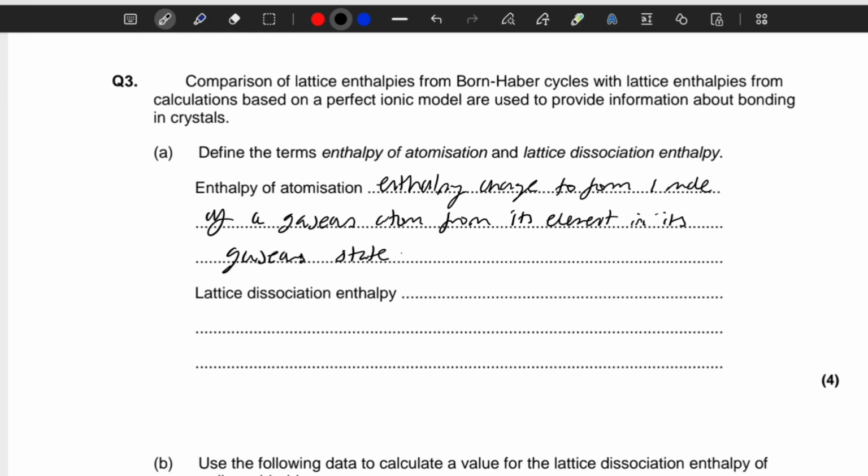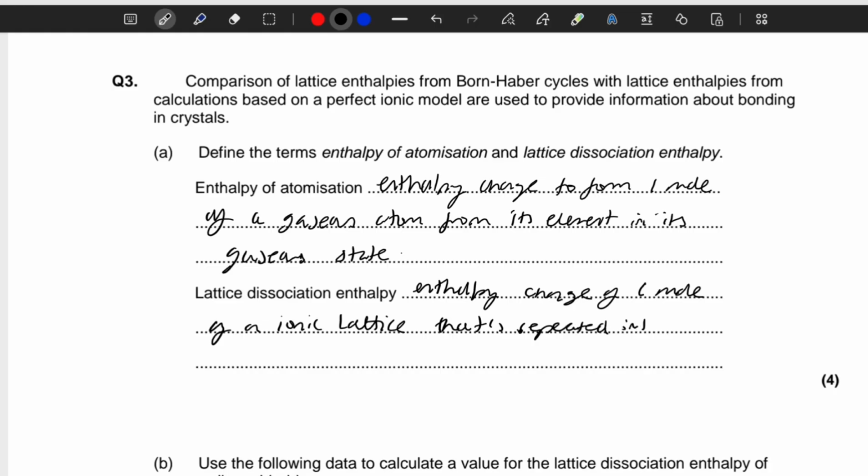Then the lattice dissociation enthalpy is the enthalpy change of 1 mole of an ionic lattice that's separated into its ions in its gaseous state.